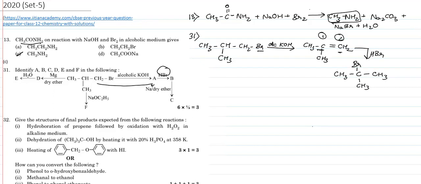Okay, now this particular compound is undergoing a reaction with sodium in dry ether. And this is basically Wurtz reaction. I'm pretty sure you know the basic reaction for Wurtz reaction. And moreover, we have discussed Wurtz reaction in the previous set of videos. So the product is CH3, C, C, CH3, CH3.